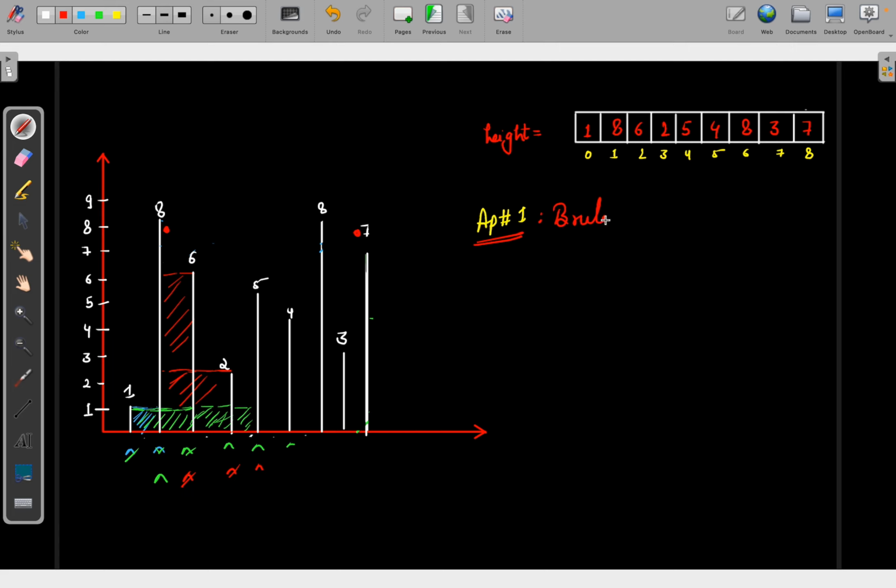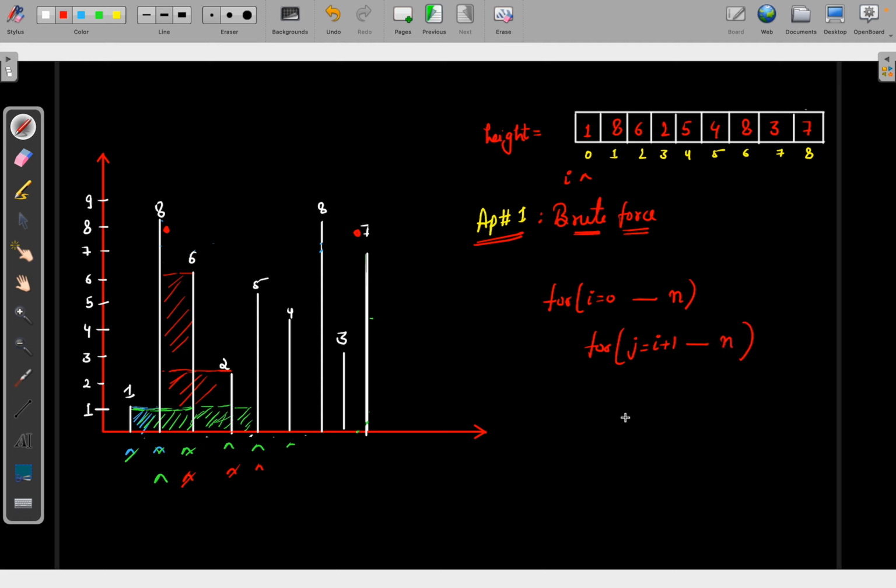Okay, so this is one approach that we can apply, and that will be a brute force approach here. The good part of the brute force approach is we will definitely get an answer. So what we can do is take one pointer, maybe the ith pointer. We start one loop and move j from i plus 1 to the last element. So I will start i from 0 to n, and then j from i plus 1 to n, right?